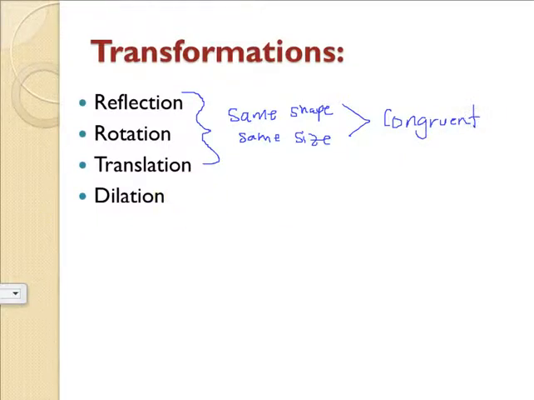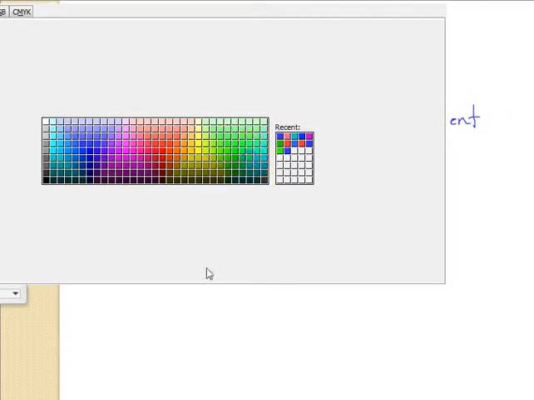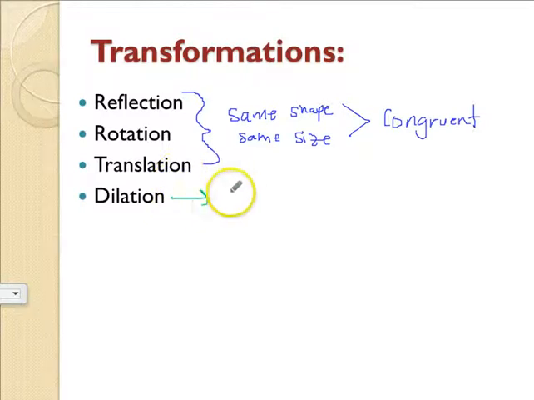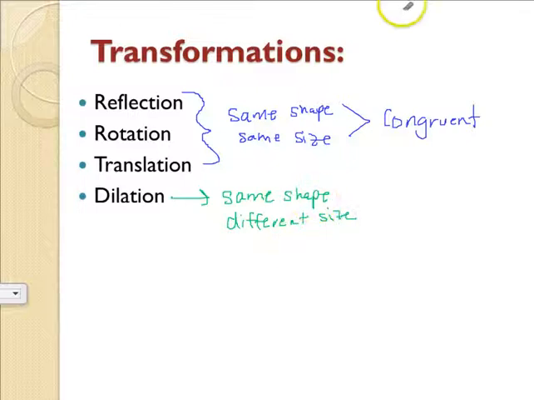Whereas a dilation, that's kind of our oddball here, is when an object gets bigger or smaller. So we're going to have the same shape, but different size. And keep that in mind, those terms similar and congruent, as we're looking at these different types of transformations.